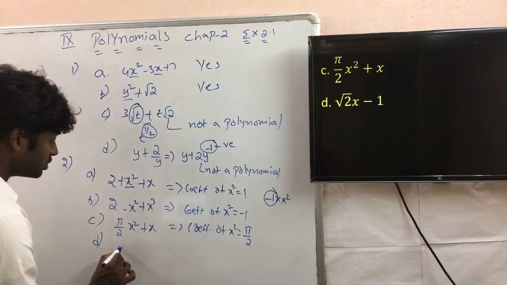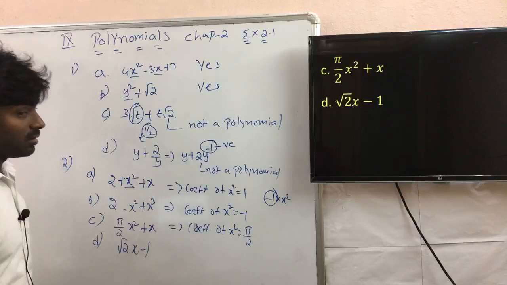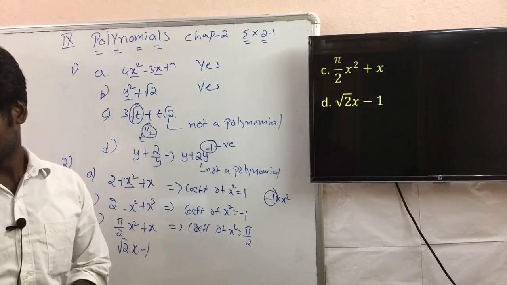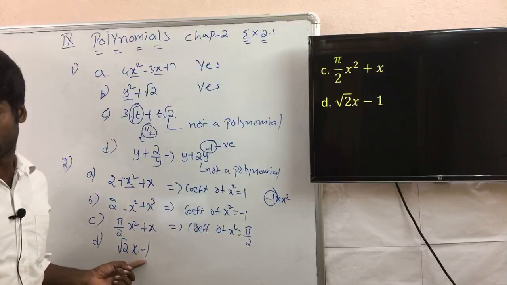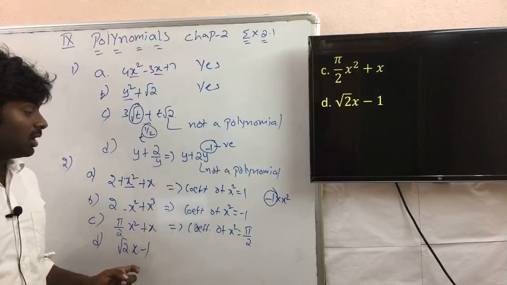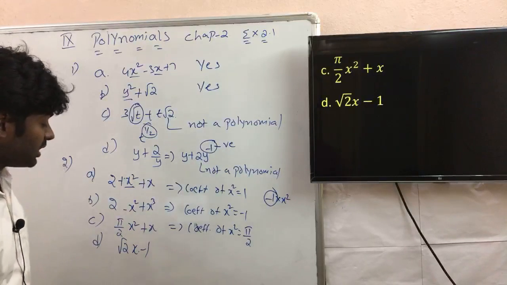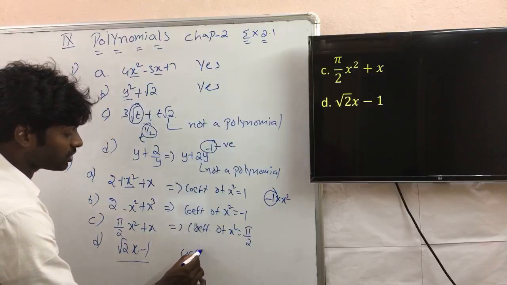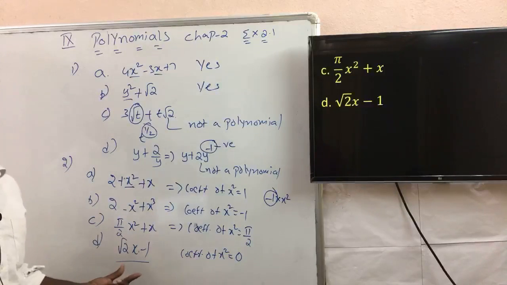Last one, root 2 into x minus 1. What is the coefficient of x square in this polynomial? Yes, Selvi, 0, because there is no x square term. So obviously the coefficient of x square equals 0, because there is an absence of the x square term.